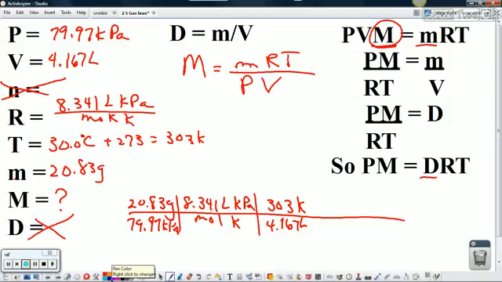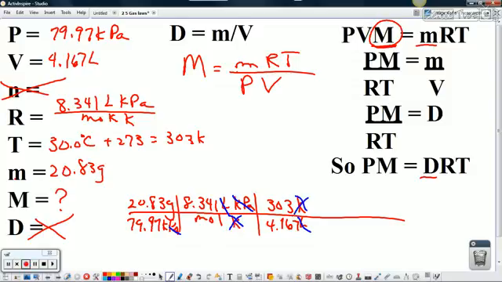What happens to the G? It doesn't cancel. What happens to the L? It cancels. The kPa? It cancels. The mole? No, it doesn't cancel. My K cancels. So I am left with grams.